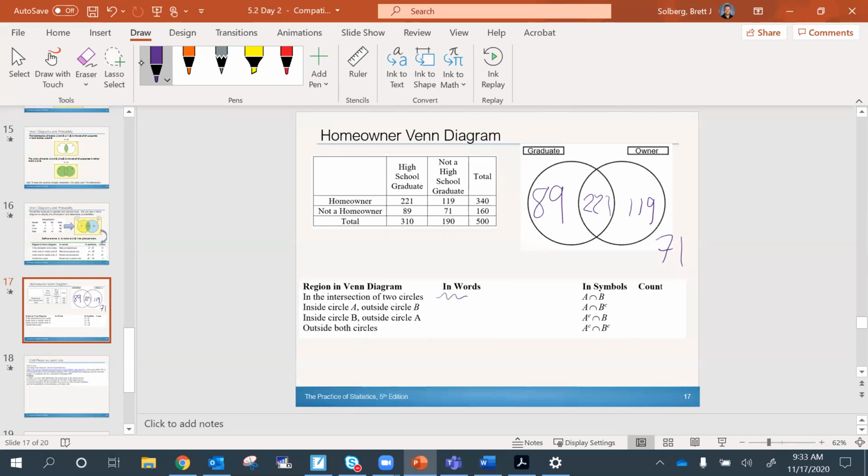So right here in this part, I'm not going to write it because I have really bad handwriting and it's too small a space. But I would write there, they are a homeowner and a graduate, and that count was 221. All right, so then I'm going to go to Allie. What does this mean, the inside circle A but outside circle B?